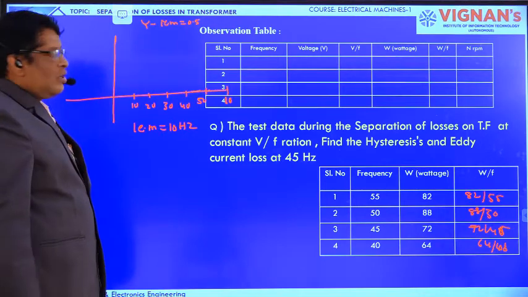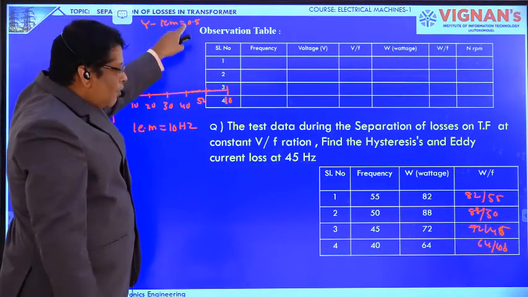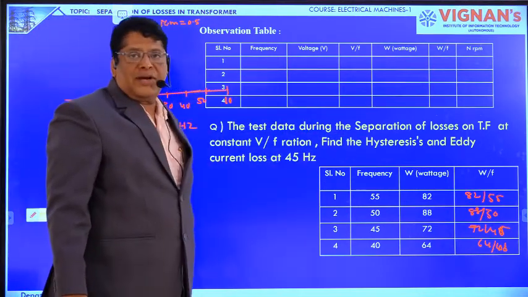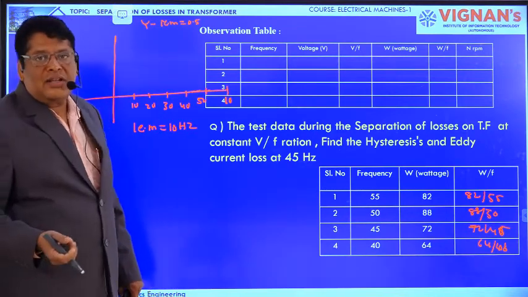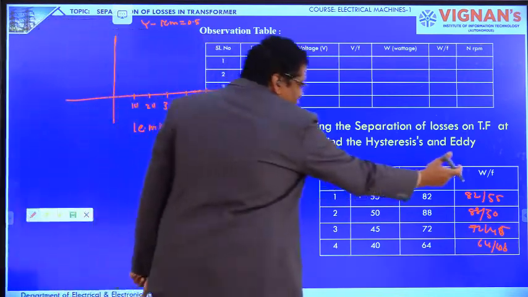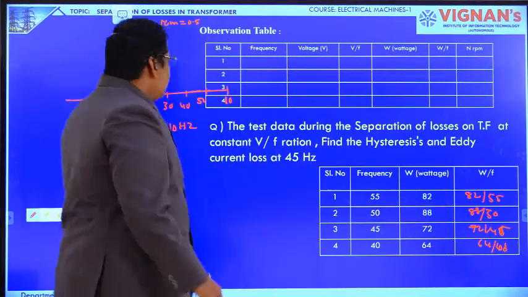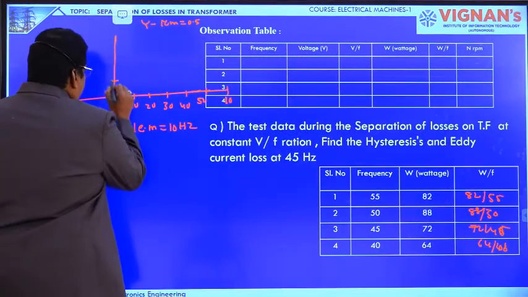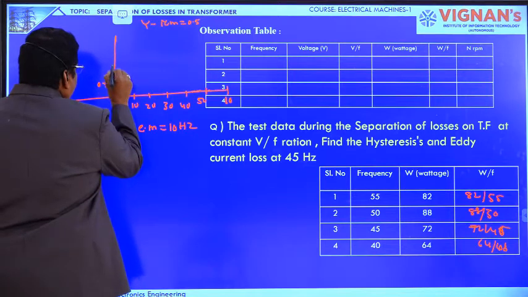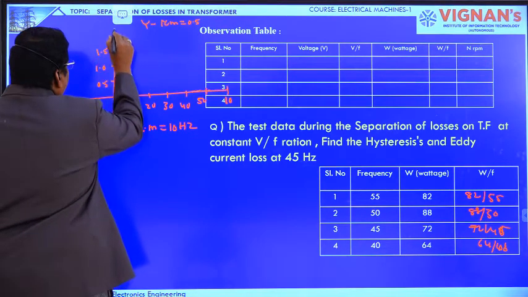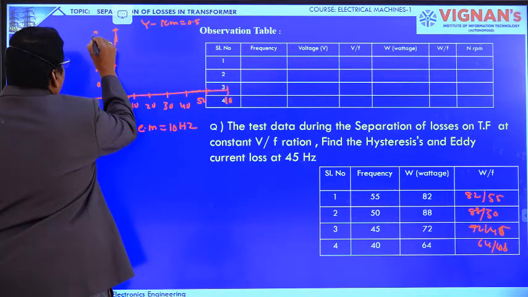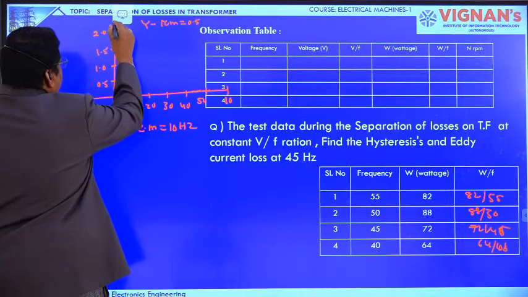What is 0.5? The 0.5 becomes W by F, nothing but the iron losses per one cycle. Now this is 0.5, this is 1, this is 1.5, this is 2. You should not get a value more than 2.